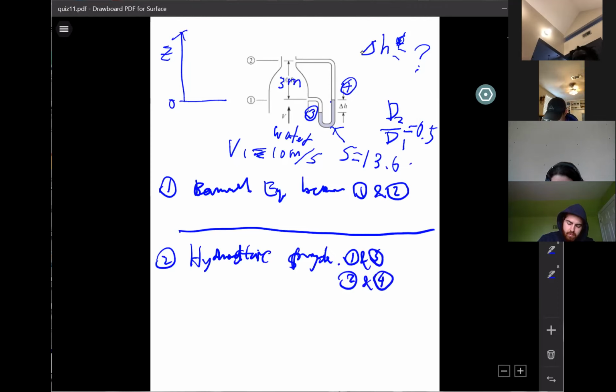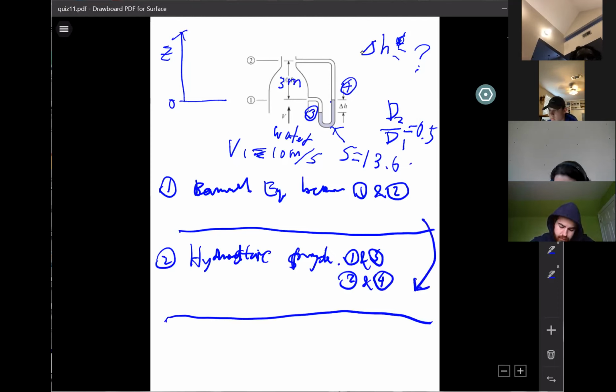Second line, I want you to rewrite this equation, turning the hydrostatic terms of 1 into hydrostatic terms of 3, and those of 2 into 4. So transform this equation to 3 and 4 plus the velocity, of course. Velocity you can still keep as 1 and 2.